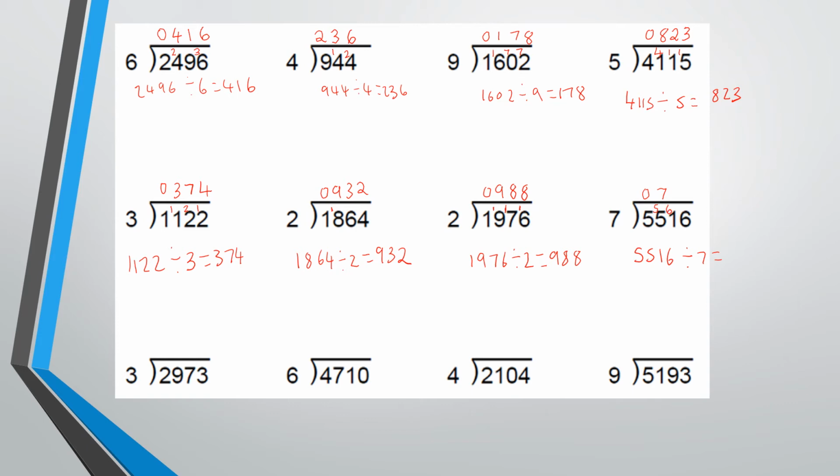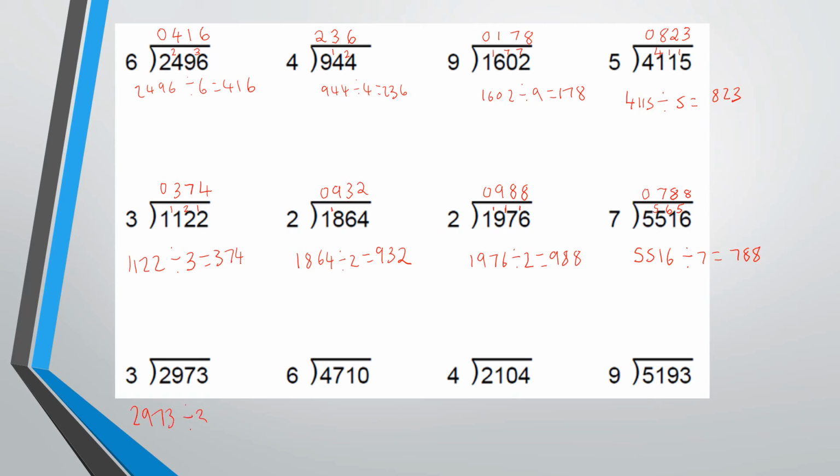Now we're doing 7 into 61, so 7, 14, 21, 28, 35, 42, 49, 56, which is 8, with 5 left over. And I've just literally said 7 times 8 is 56, that's going to be 8 again, so 788.